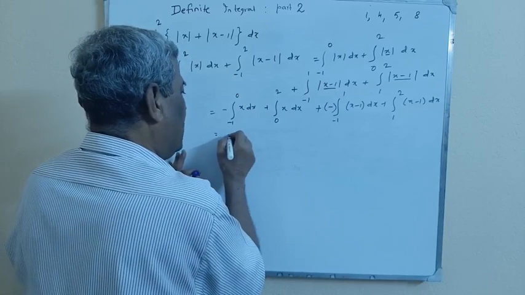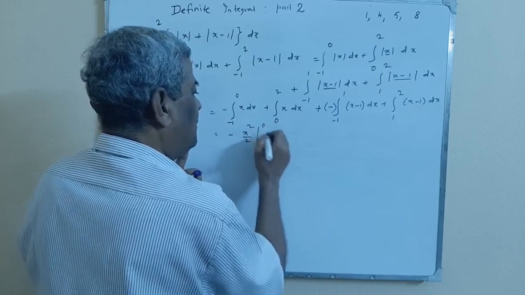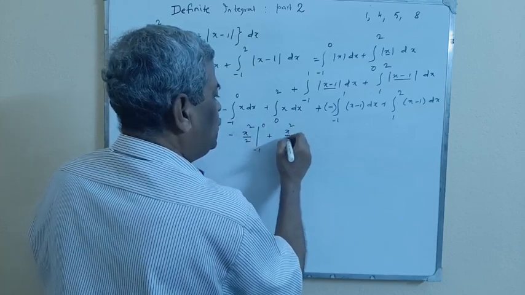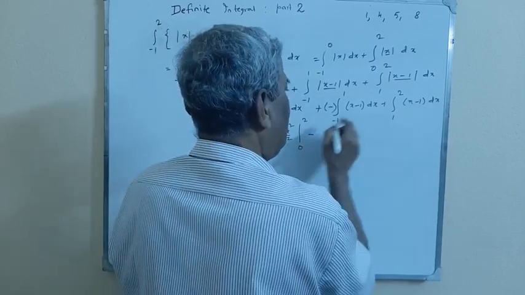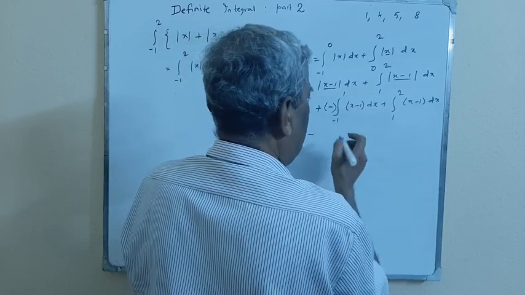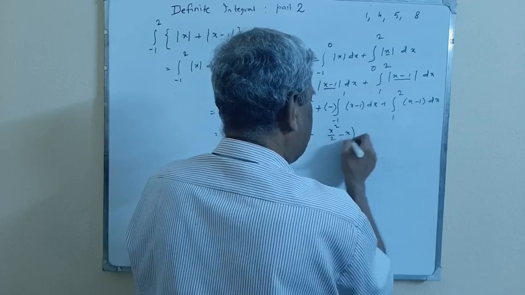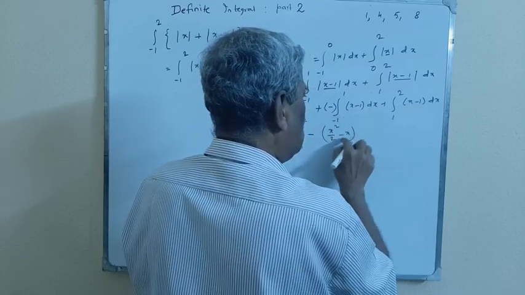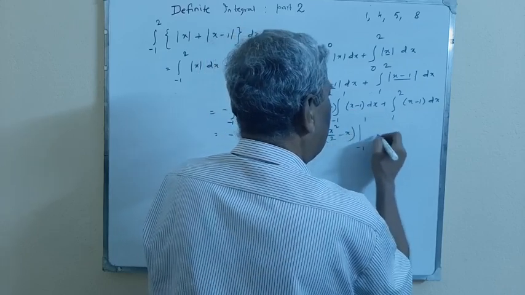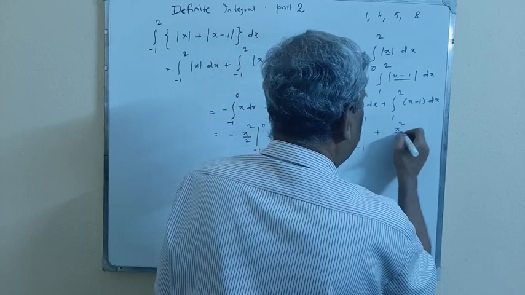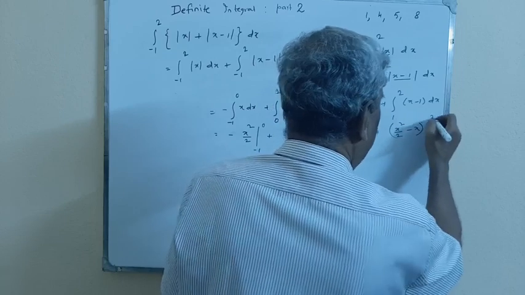So it is equal to minus x square by 2 from -1 to 0, plus x square by 2 from 0 to 2, then minus its integration, x square by 2 minus x from -1 to 1, plus x square by 2 minus x with limits from 1 to 2.